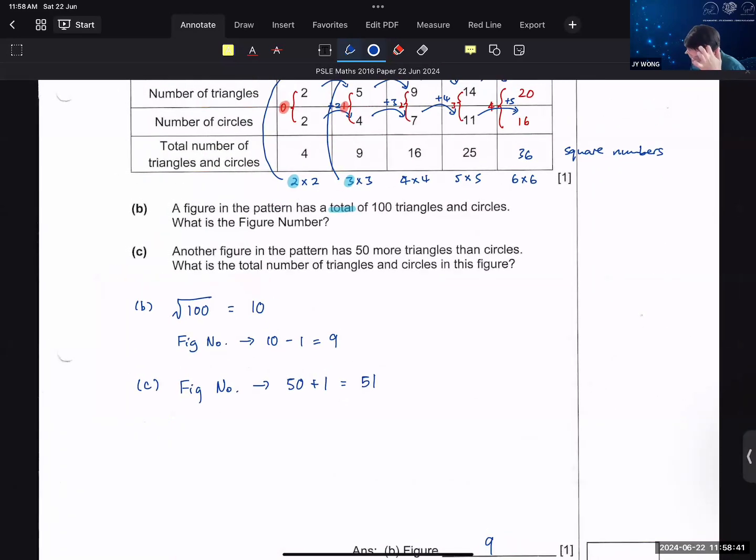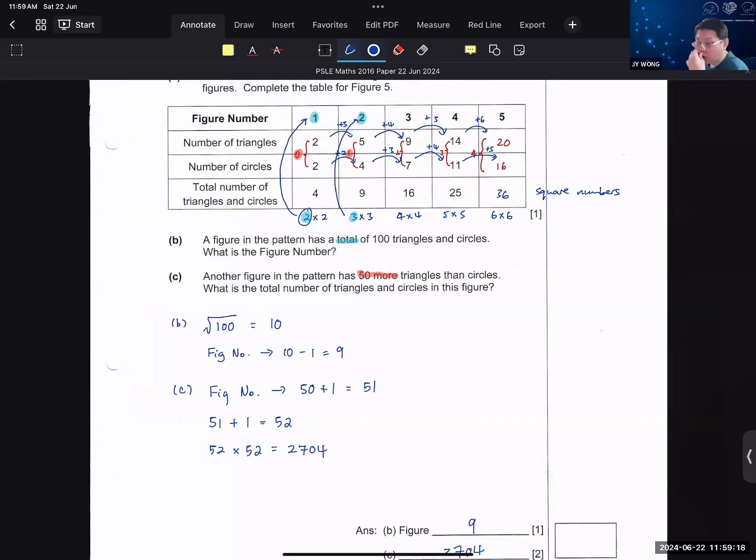The second thing you need to remember: from the figure number, the square number over here is plus 1 again. So you need to take 51 plus 1 first to give you 52. Then you take 52 times 52. So the question is a little bit complicated here because to get the figure number, you need to plus 1 to the difference, but to get the square, you need to plus 1 again.